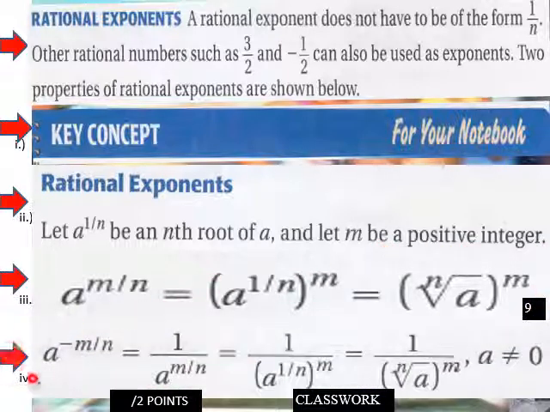And then a to the negative m over n equals 1 over a to the m over n, which equals 1 over a to the 1 over n to the mth power, which equals 1 over the radical of a with index n, to the mth power.